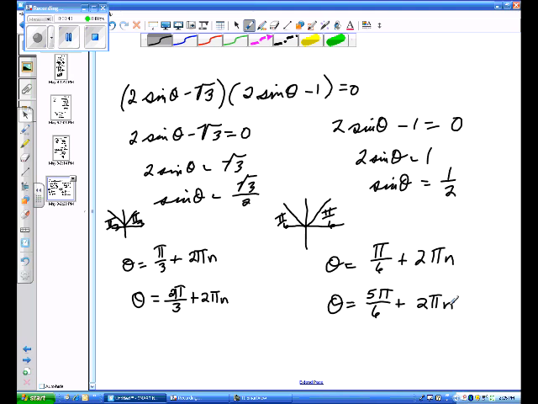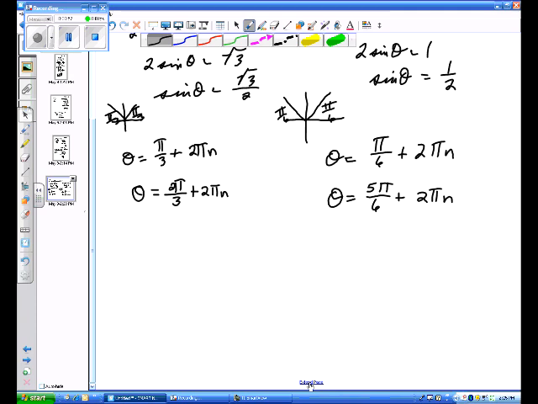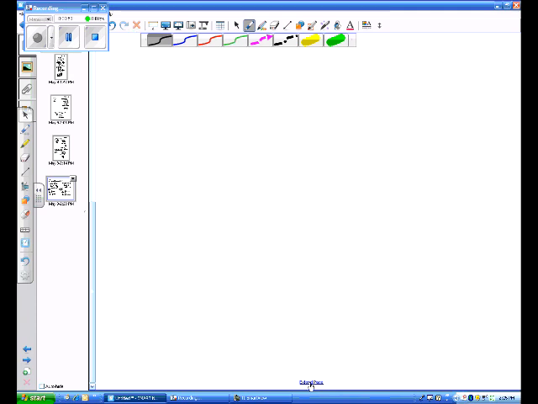Now, so far most of the problems I've shown you were already in factored form. We did have one problem where we factored out a sine theta. It was in both terms. But we could have a problem in the form of 2 cosine squared theta plus 11 cosine theta equals -5.